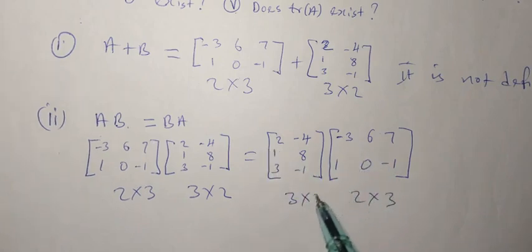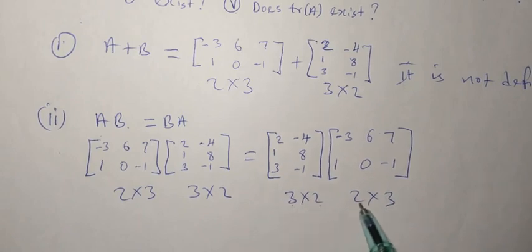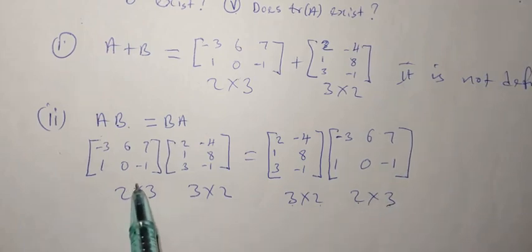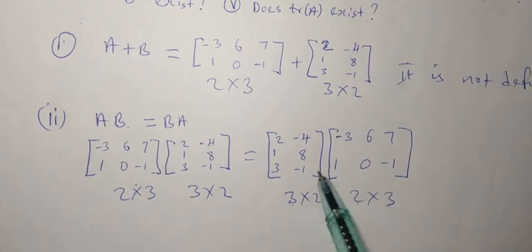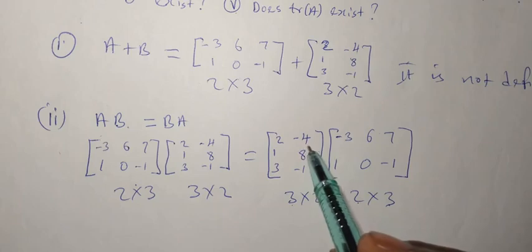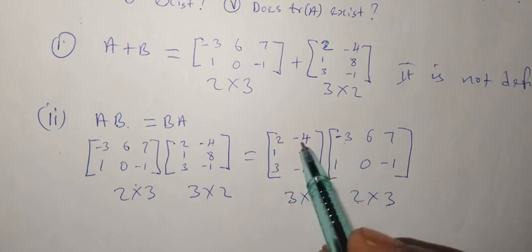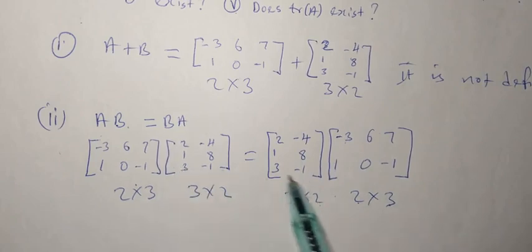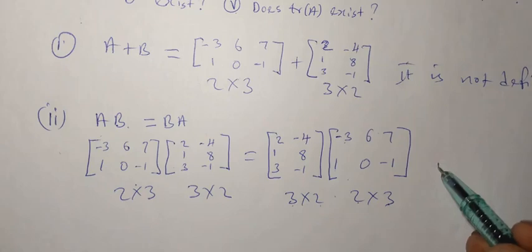If you check, this is a 3 by 2 matrix, this is also a 2 by 3 matrix. So both the left and the right hand side are defined.